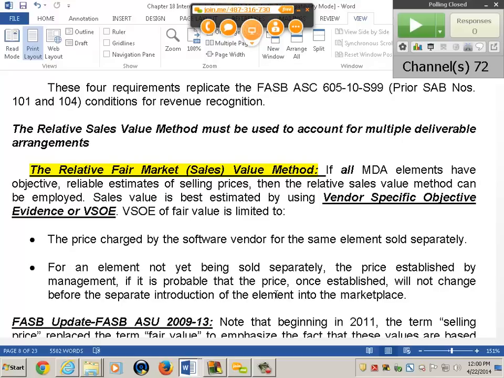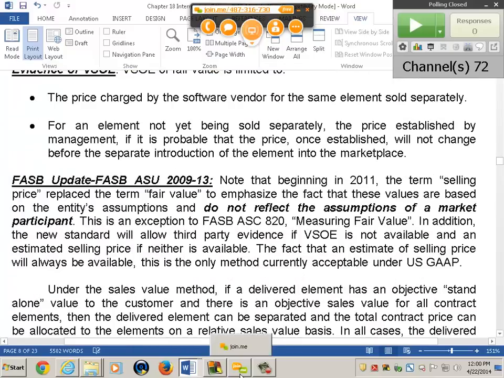If we don't have that, we would then look at what we expect management to charge. Now, this is not a market-based measure. This is an entity-specific measure, which, as I tell you, sort of violates or is an exception to the market participant view in what we covered in ASC 820 in the fair value measurement section.